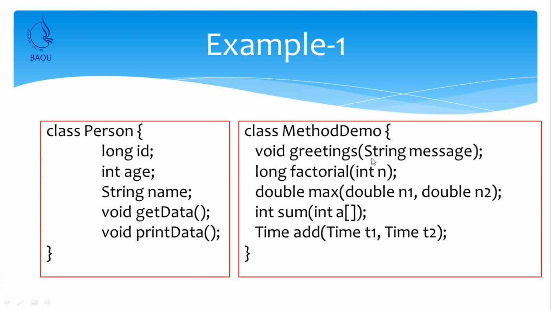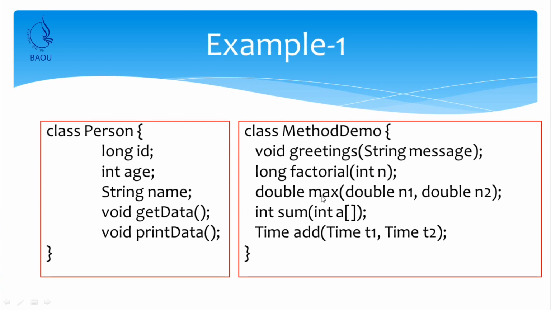So, this is an example of a method which takes a parameter, but does not return any value. Another method is long factorial and the parameter is integer n. This method will take integer value n from user and return its factorial as a long value. So, this is a method which takes an argument as well as returns some value.